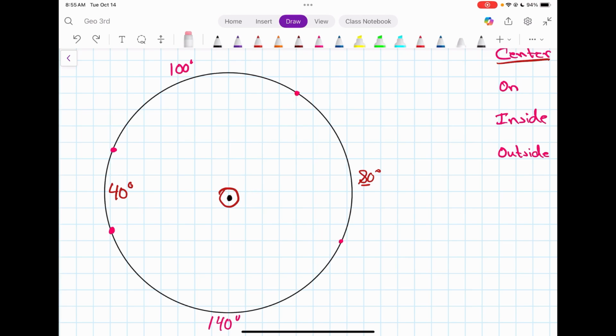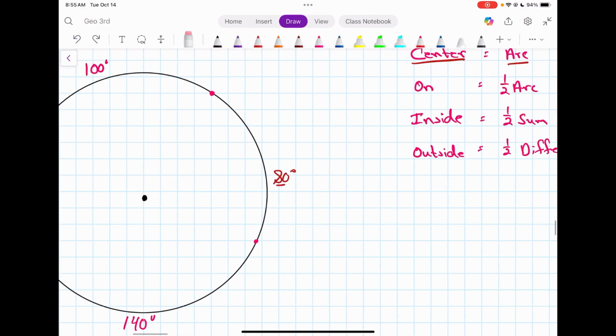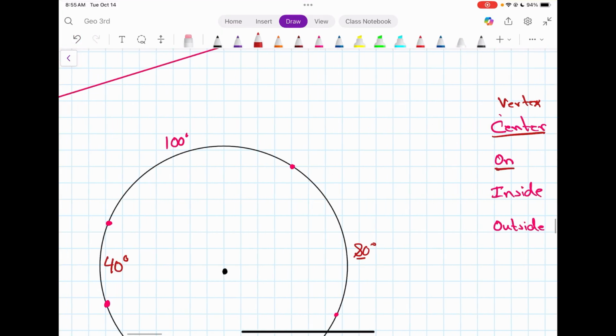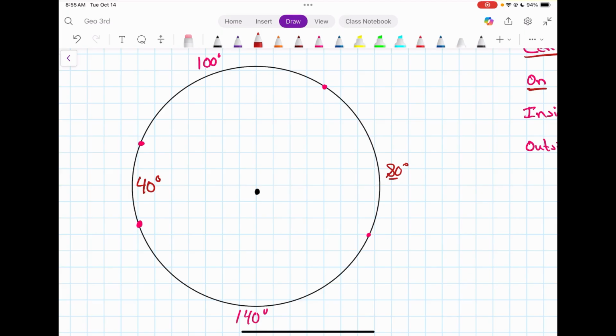The second scenario is, what if the vertex is actually on the circle? This is what's called an inscribed angle. Let me draw it real quick. Anytime the vertex is on the circle, we look at the arc that's in the angle's mouth, and the measure of that angle is going to be half the measure of that arc.